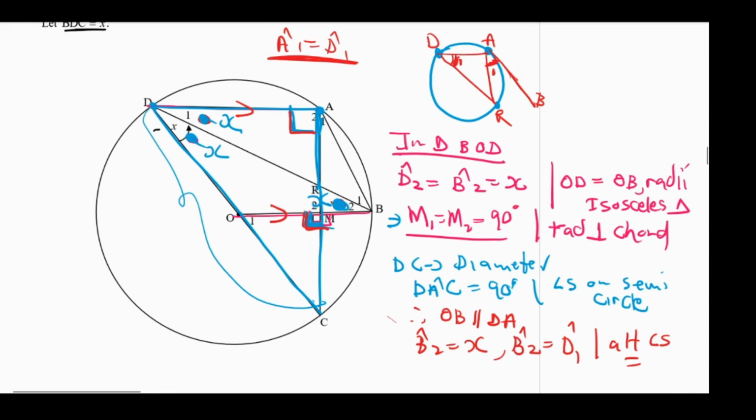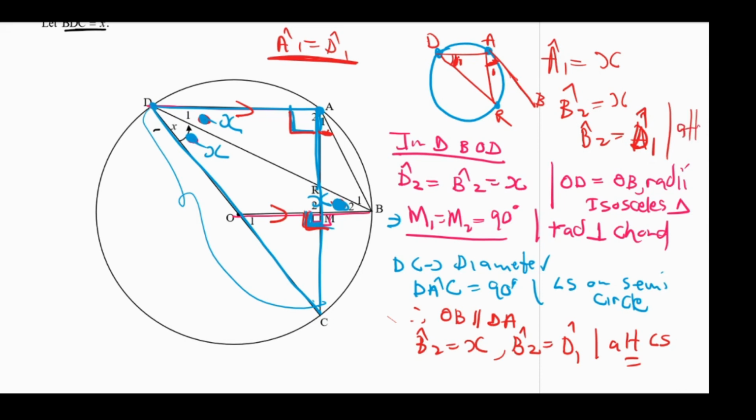Remember the previous question, we said A1 is equal to X. So A1 was equal to X, and now we just found that B2 is equal to X, of which B2 is equal to A1. I mean is equal to D1, sorry, D1, which is alternate angles, right?